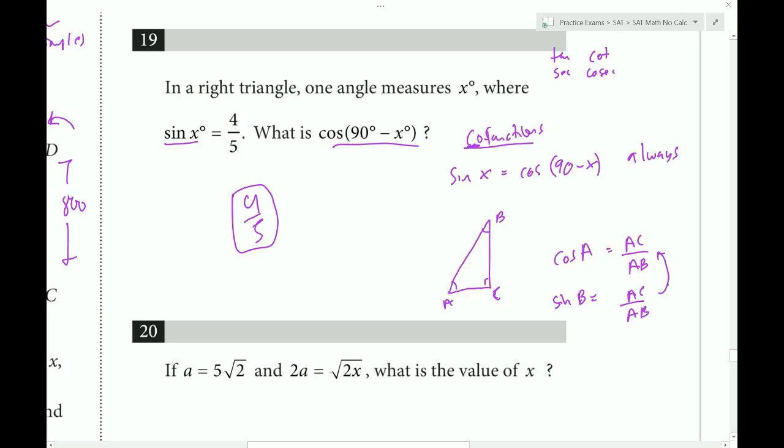And if you notice, these are the same. The other thing to notice is that if you add A and B together, you must get 90 degrees, because they are complementary, seeing as this other 90 would make it 180. So if you solve for A, you would get 90 minus B, and you can plug that in here. So you get cosine of 90 minus B is the same thing as the sine of B. So we've therefore proven this rule of cofunctions.